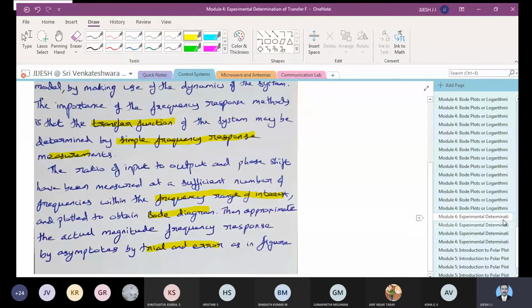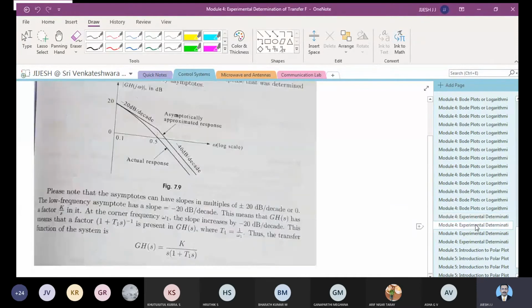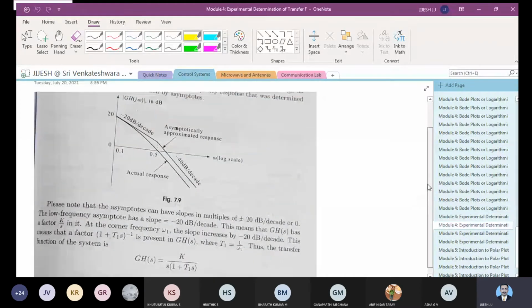If you are having a response here, this is the actual, or rather approximate, response. When you plot the Bode plot, you get an approximate response, but you feel that when the system performs in the real time scenario, the response will be in this form. That's why you plot it.